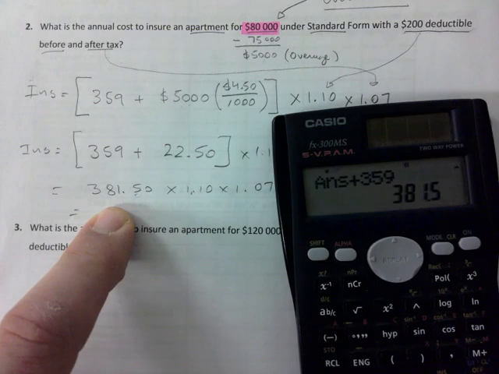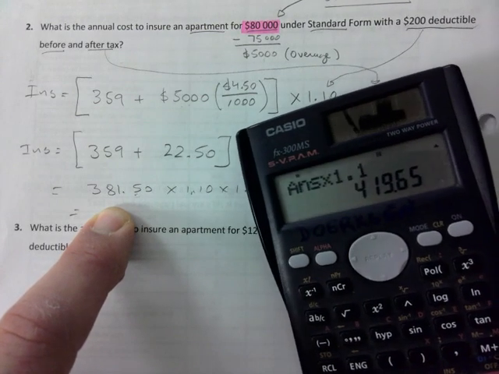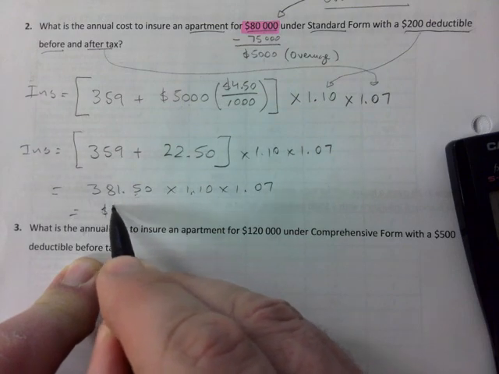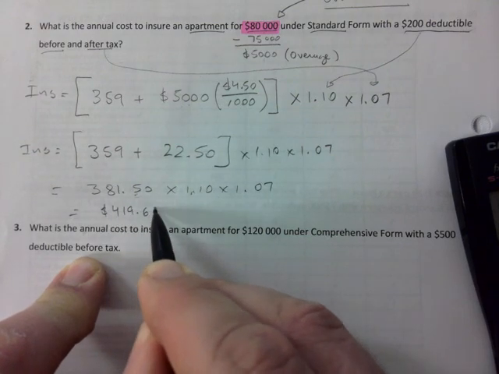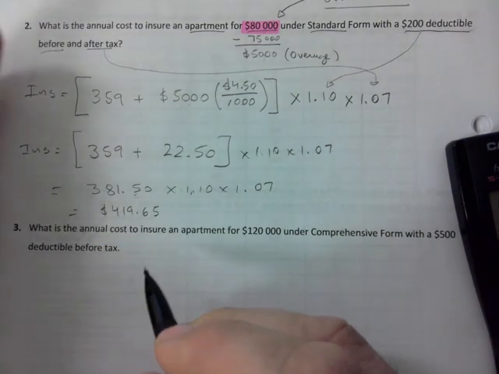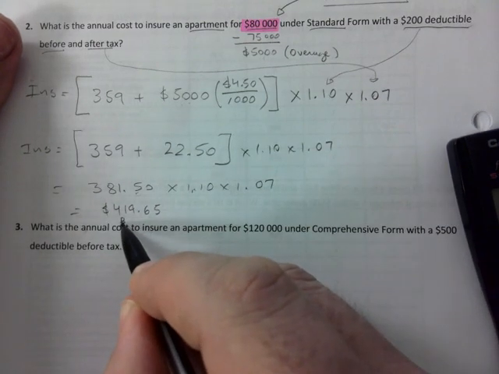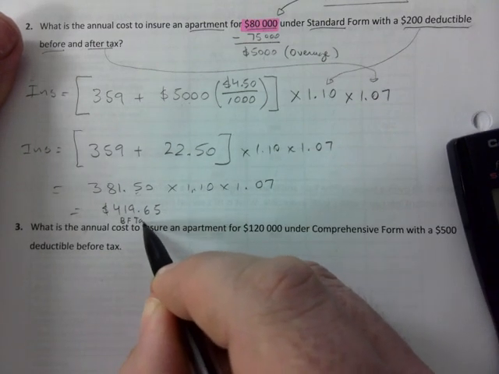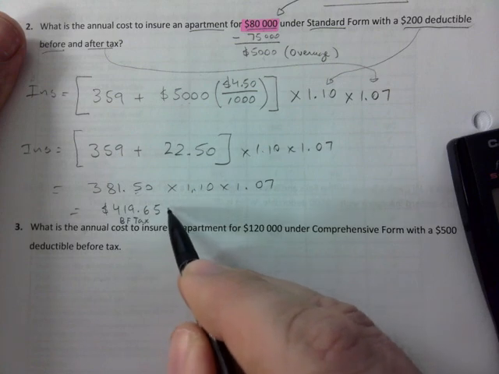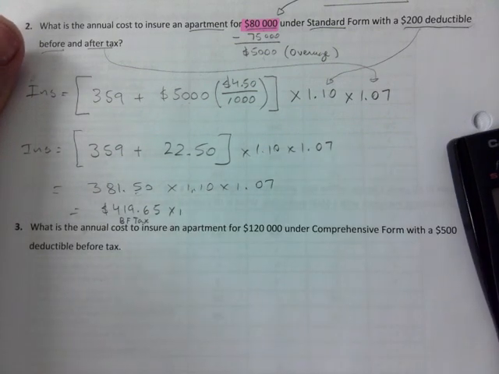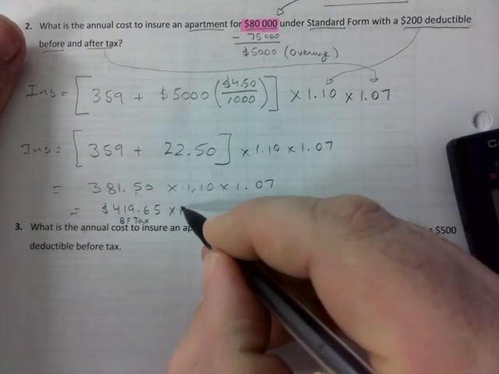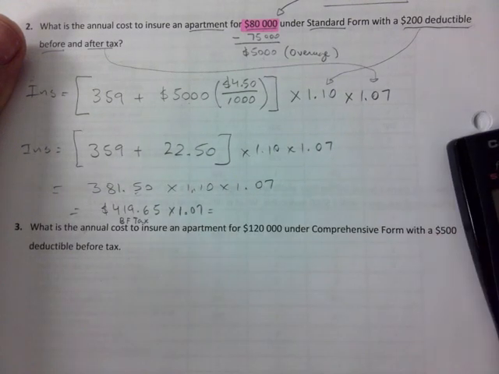So I'm going to go 381 times 1.10. I'm going to do that separately. 419.65. I'm going to run out of room here, but I'm going to try. Okay, before tax. This number is before tax, so we're going to go times 1.07.